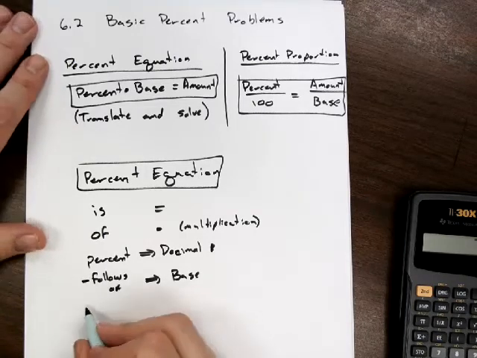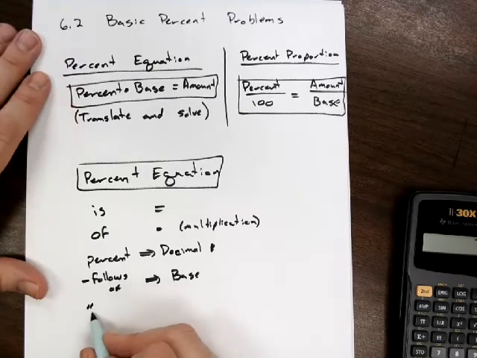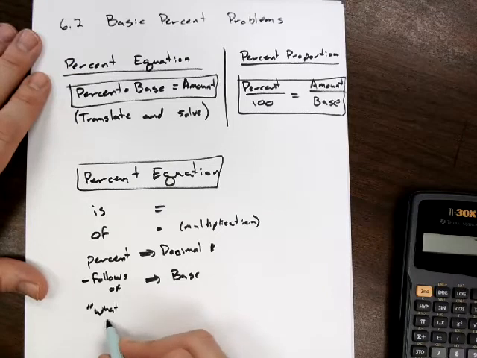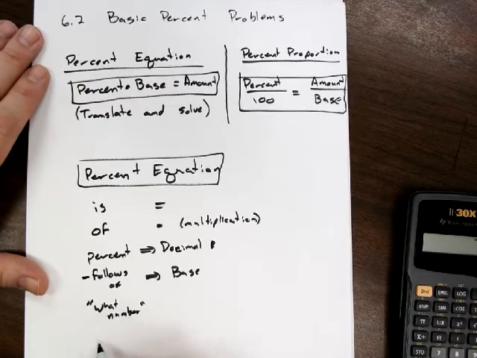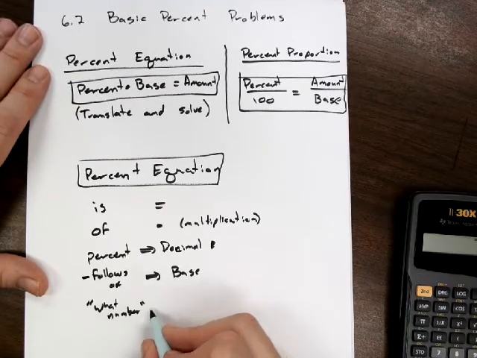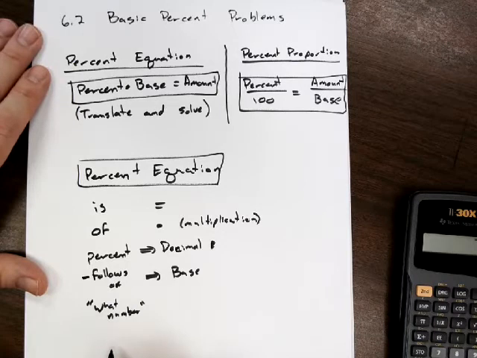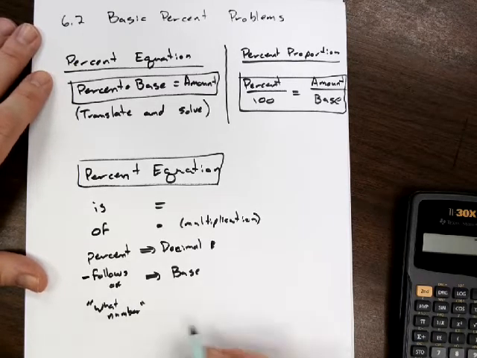Now we also have things like what number, where this could either be our base or our amount, and what percent. When we find the percent, we're going to solve it, it's going to be a decimal, and we'll need to convert back to a percent.